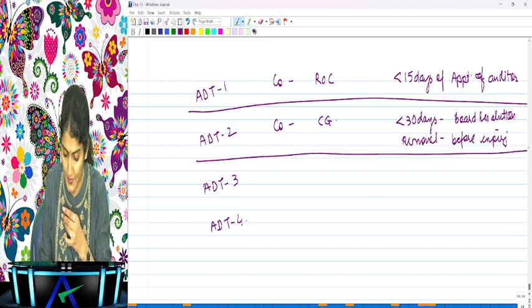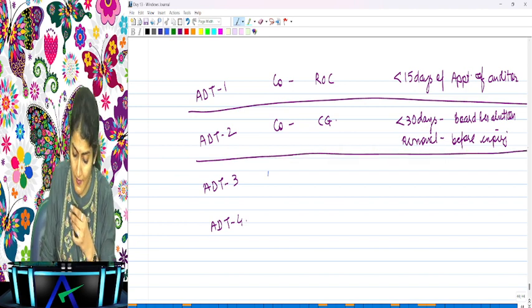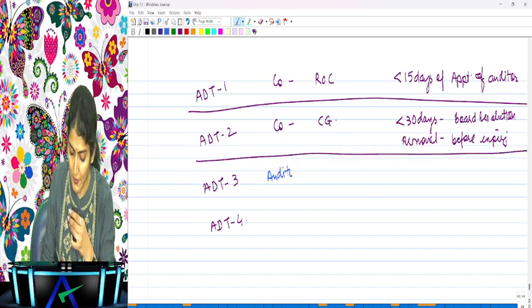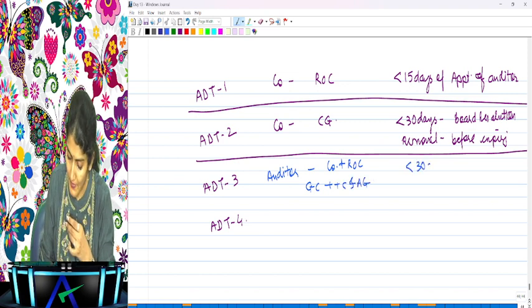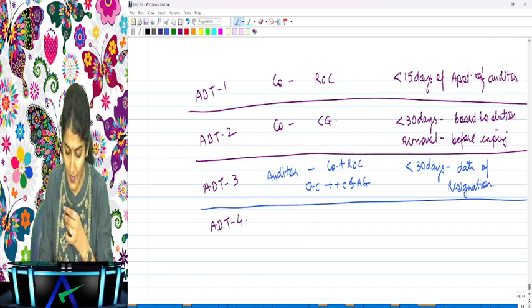Is it right? Right. Then ADT3, it is the auditor who has to file it with the company and the ROC, and in case of a government company also with the C and AG, within 30 days from the date of resignation of the auditor. And ADT4, again, who needs to file?